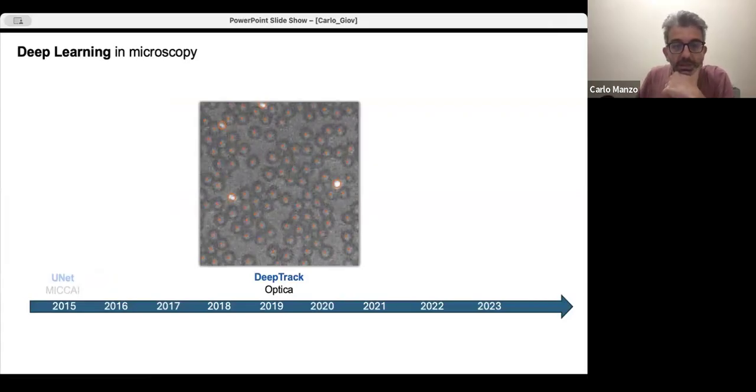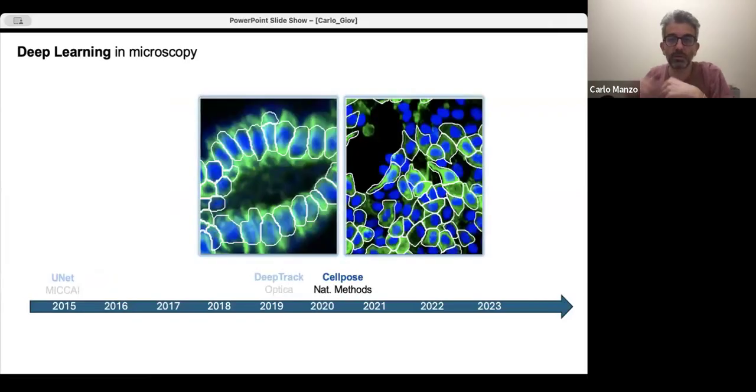And besides that, other efforts, still related to the field of segmentation, include, for example, Cellpose, which moves from semantic segmentation to instance segmentation, and also other techniques that do different tasks, different applications. For example, image modality transfer or virtual staining.